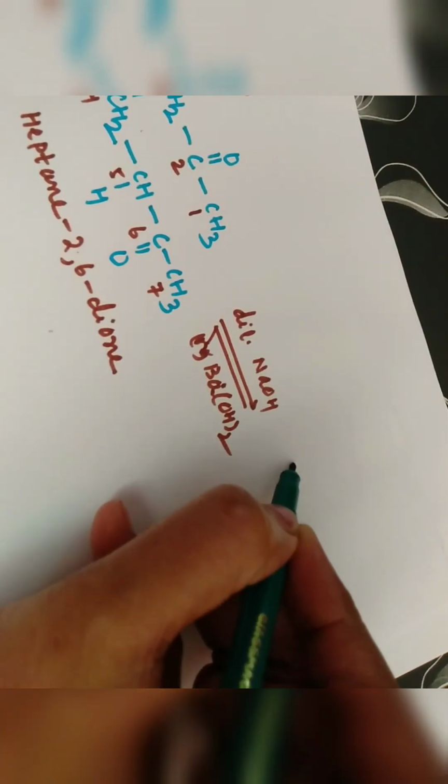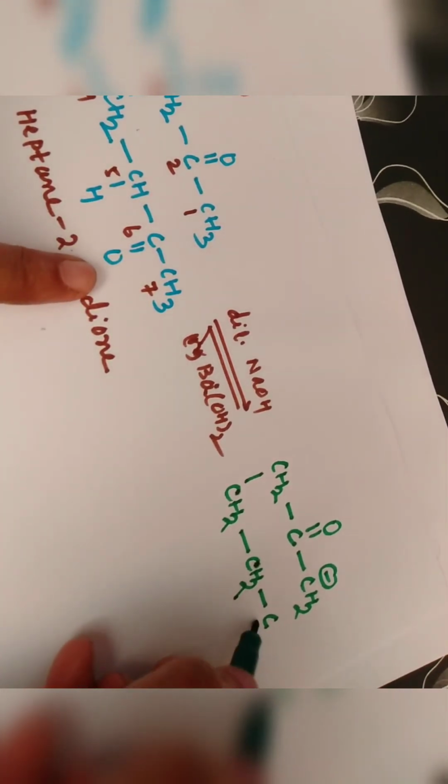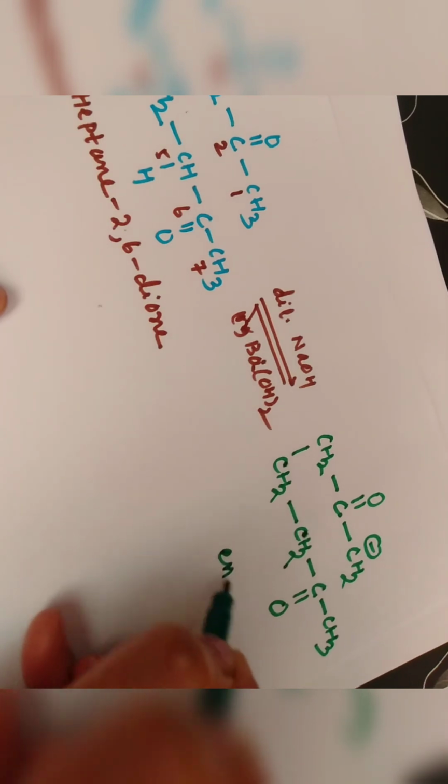The product will be CH2, C double bond O, this becomes your CH2 minus, and this is your CH2, CH2, and this is your C double bond O, and this is CH3. So this is the formation of enolate.